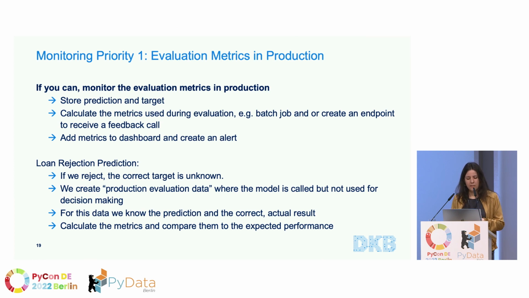So what we did here is we created the production evaluation data of a few percent of users where the model is called, but it's not used for decision making. For this data, we're letting these people through, even when the model says 99% rejection probability, and then we record the actual result and calculate metrics and compare them to the expected performance.